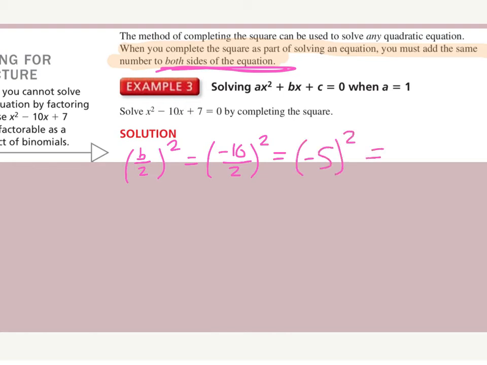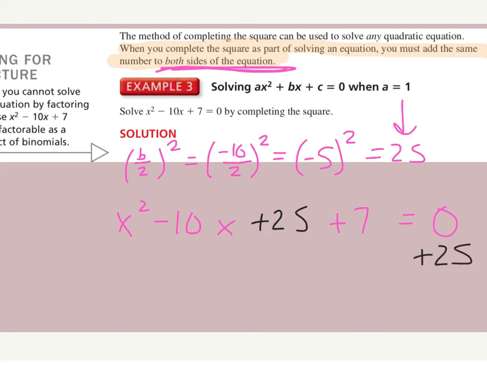Negative 5. And negative 5 squared is 25. So we need to add 25 to our equation. So we have x squared minus 10x plus 7 is equal to 0. I'm adding 25 here to help us complete the square. If I add 25 on the left side, I have to add 25 to the right side.